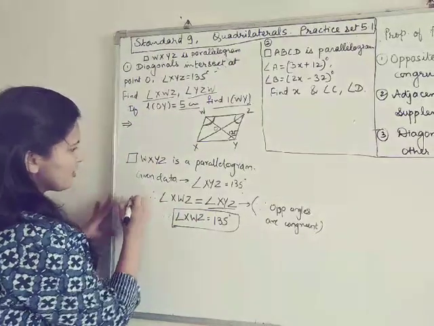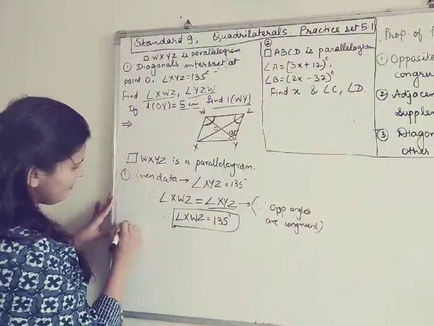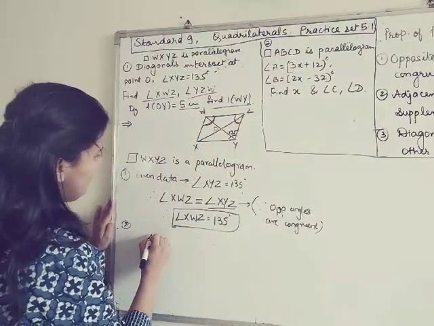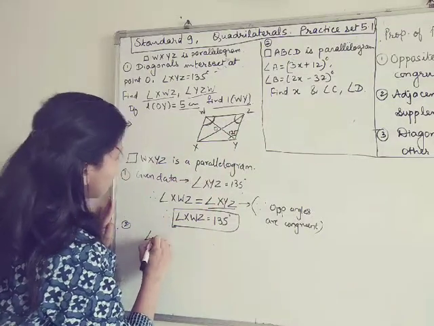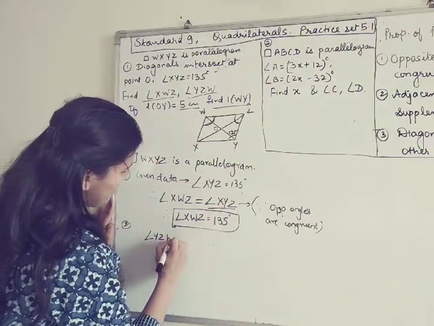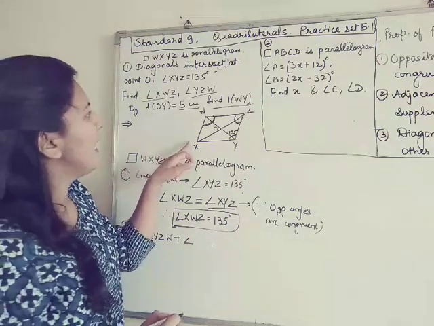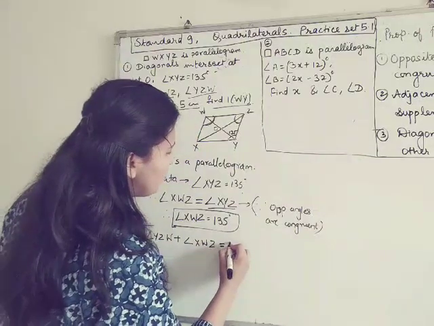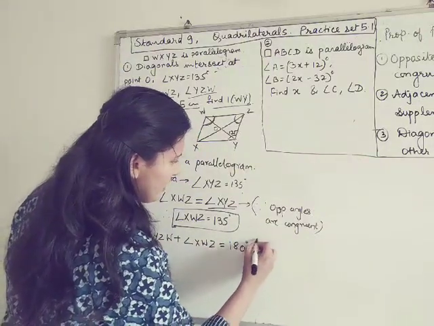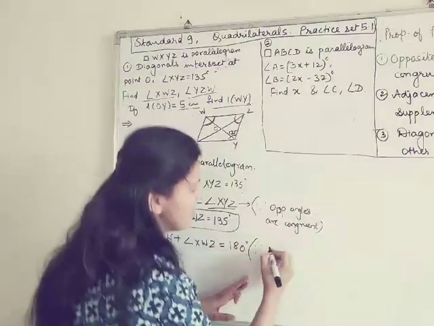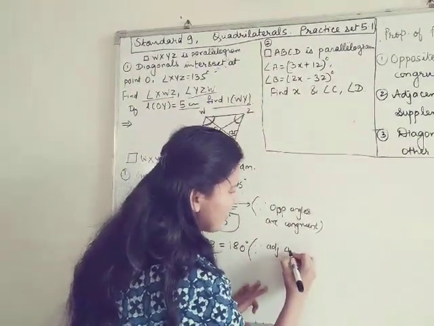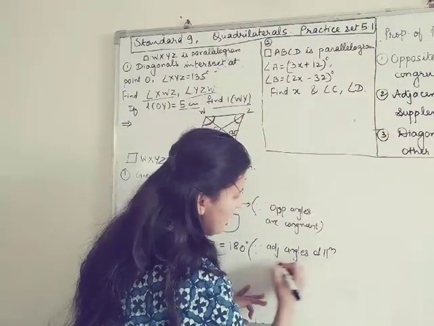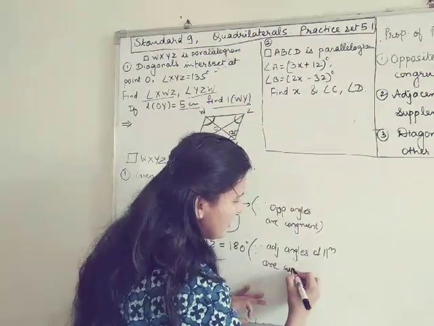So angle YZW plus angle XWZ equals 180, since these are adjacent angles of parallelogram, they are supplementary.